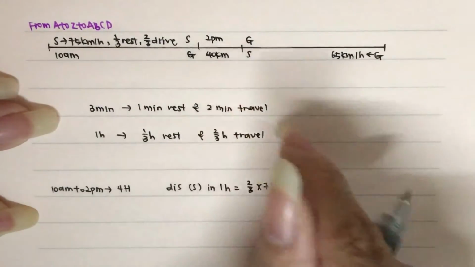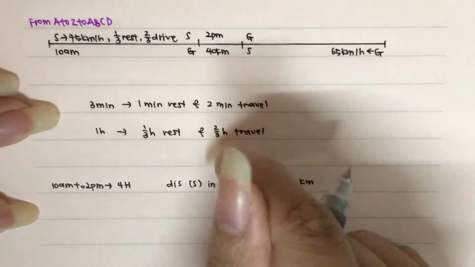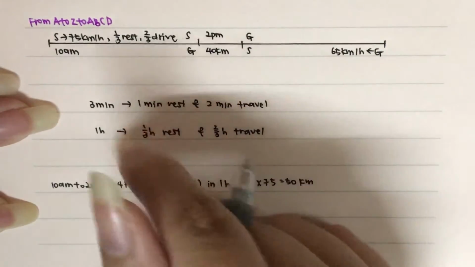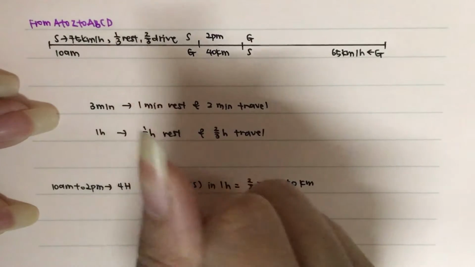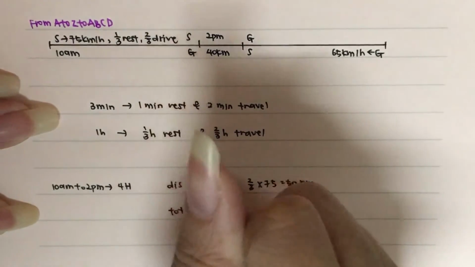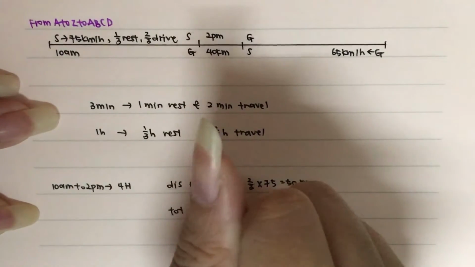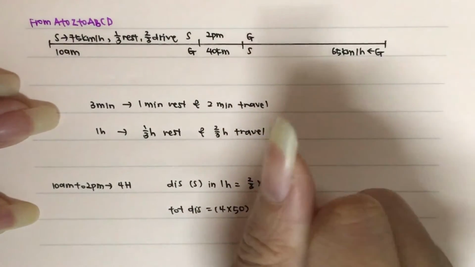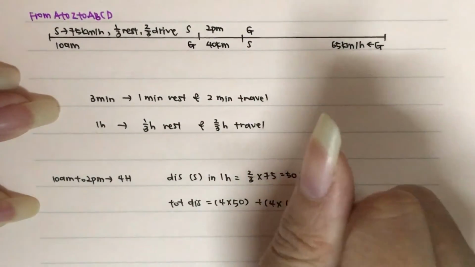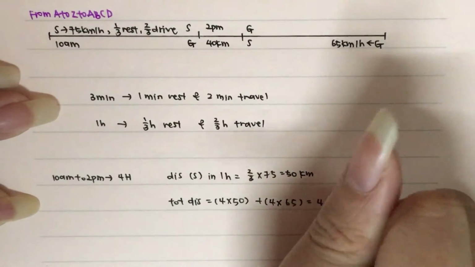Remember, only 2/3 of the hour is being spent on traveling, 1/3 is to rest. Okay, so the total distance will actually be equal to 4 hours times 50 kilometers for the silver car plus 4 hours times 65 kilometers for the gold car, and this will give us 460 kilometers.